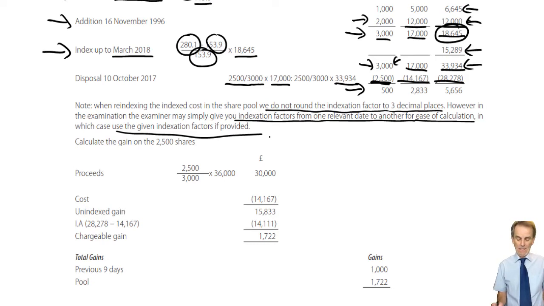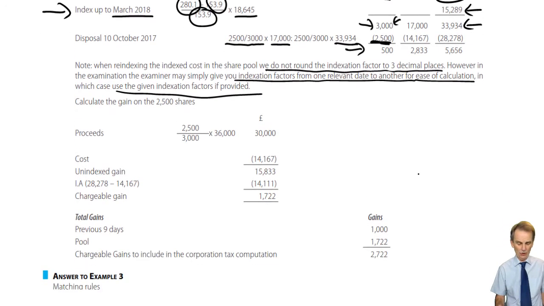Calculate the gain. The share pool does not calculate the gain. The share pool gave you the important information you needed, that of the 2,500 shares sold from this pool, what was their cost and what was the index cost. Now we show the gains calculation. So what do we need? On these 2,500 shares, the proceeds.